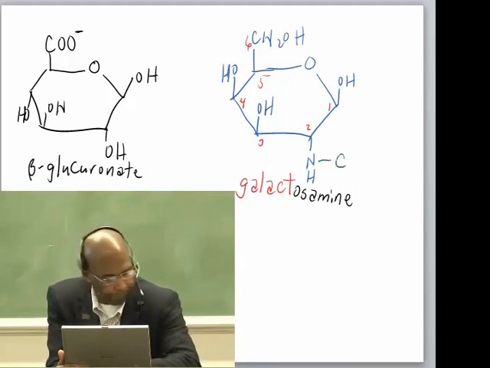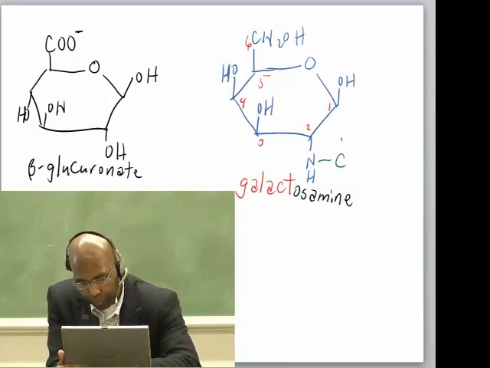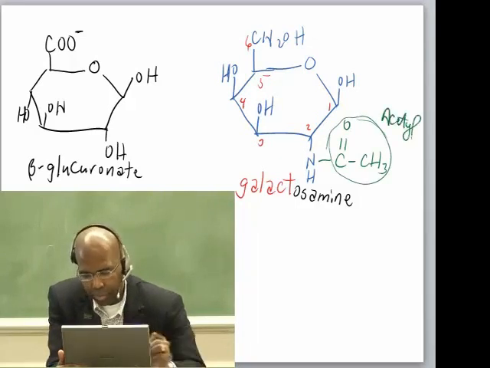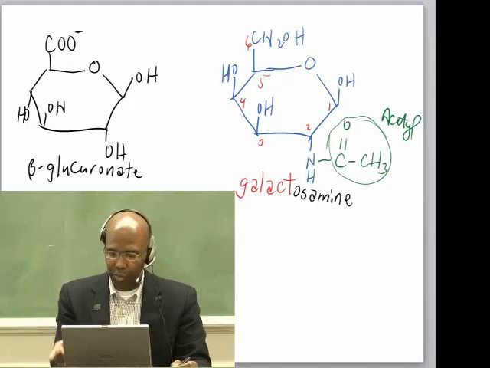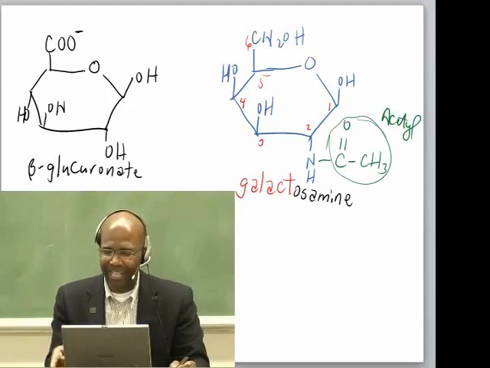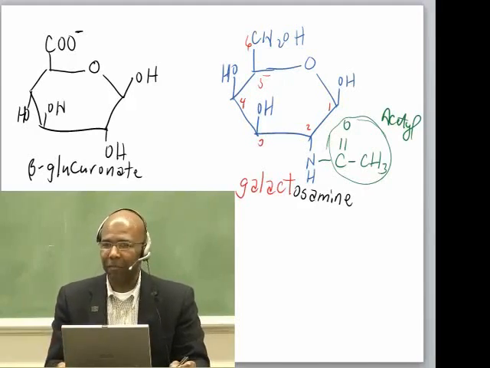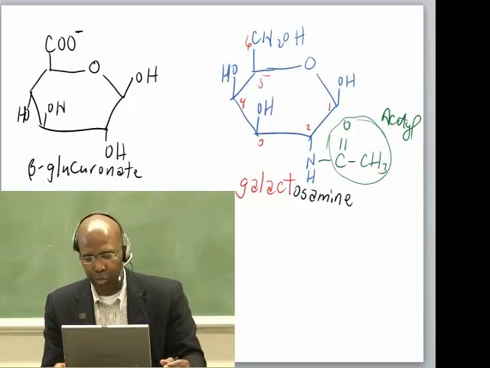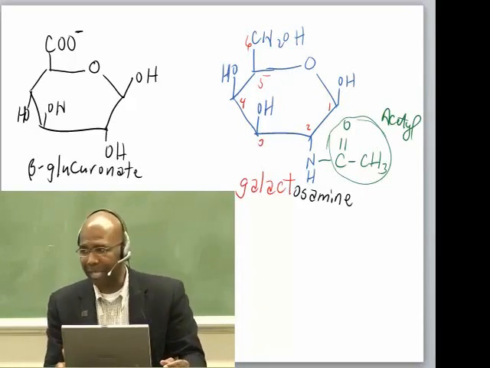Now I'm going to put an acetyl group here, A-C-E-T-Y-L. Now we've put an acetyl group onto galactosamine. What is the name of the carbohydrate derivative when you put an acetyl group onto galactosamine?